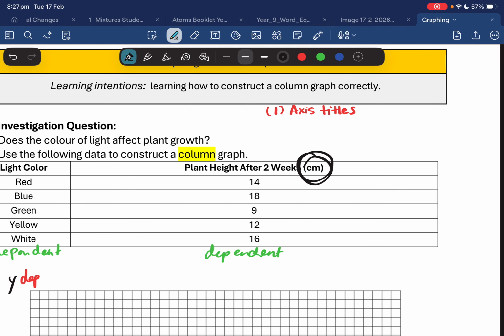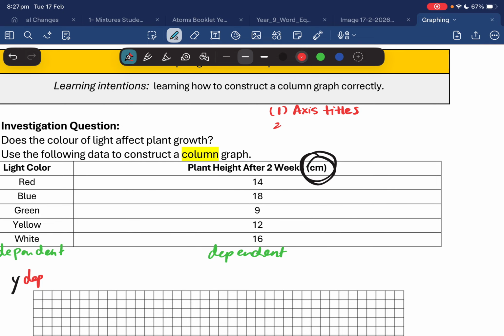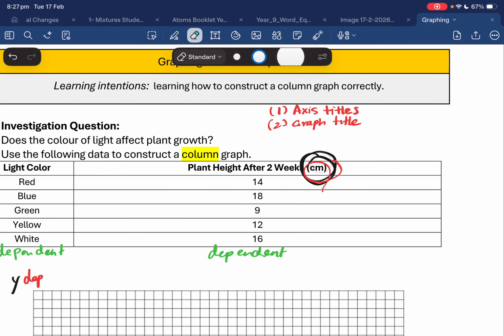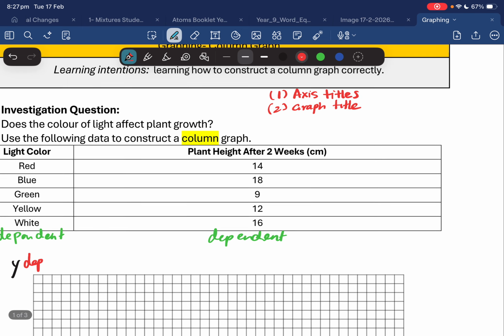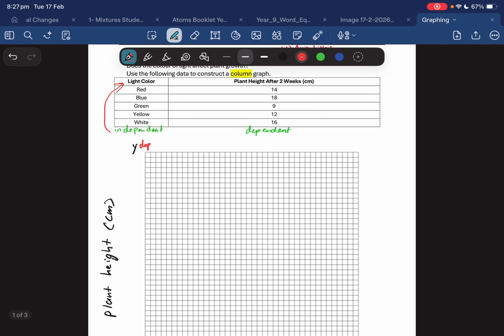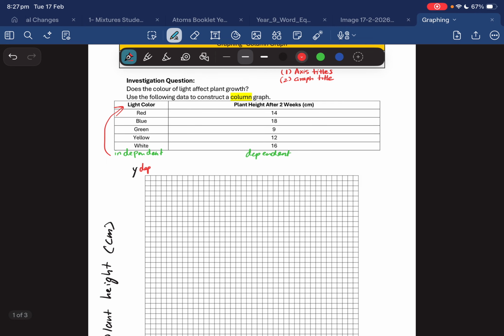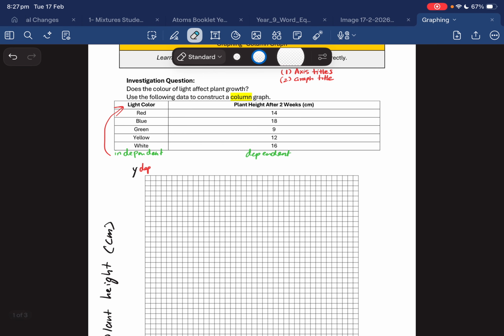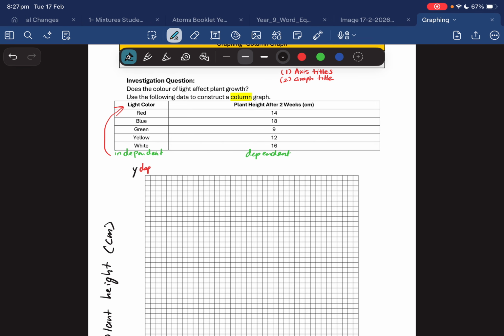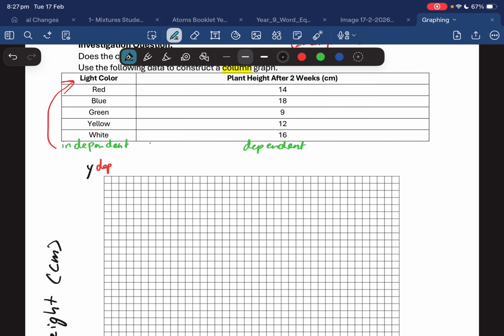The next thing I want to focus on, or you could have done this first, is your graph title. So that means your actual graph itself. What's going on in your graph? Clearly, I'm looking at how does my plant height change over time with different colors, right? So I can title this graph. You have freedom here as long as it makes sense and it has your independent and dependent.